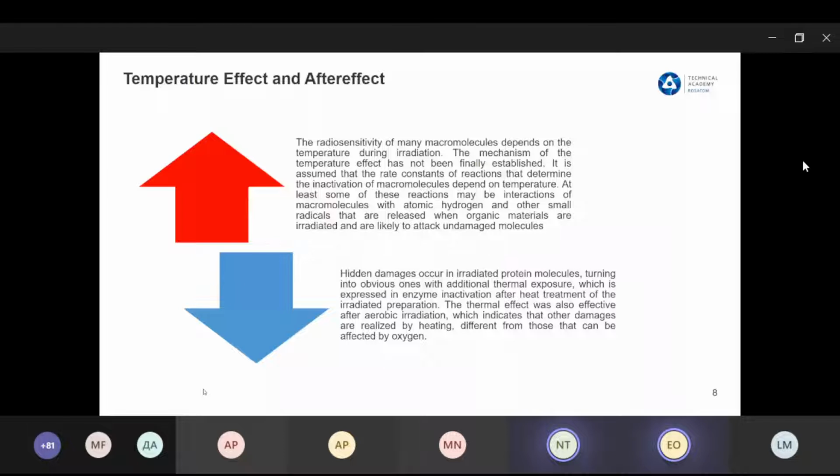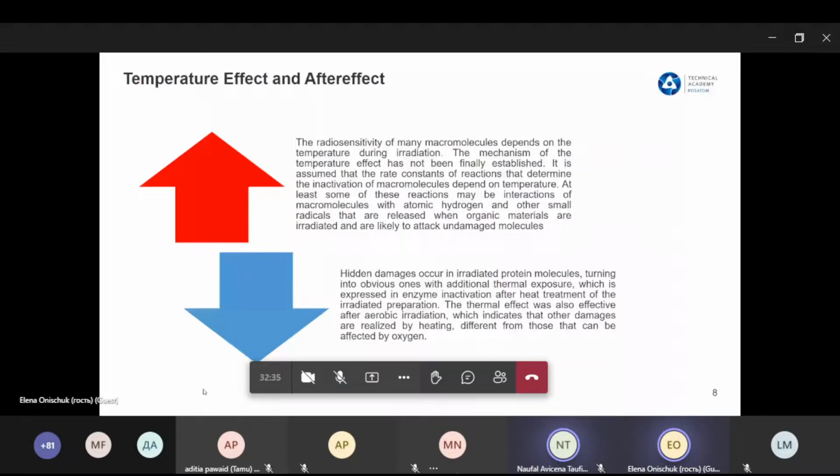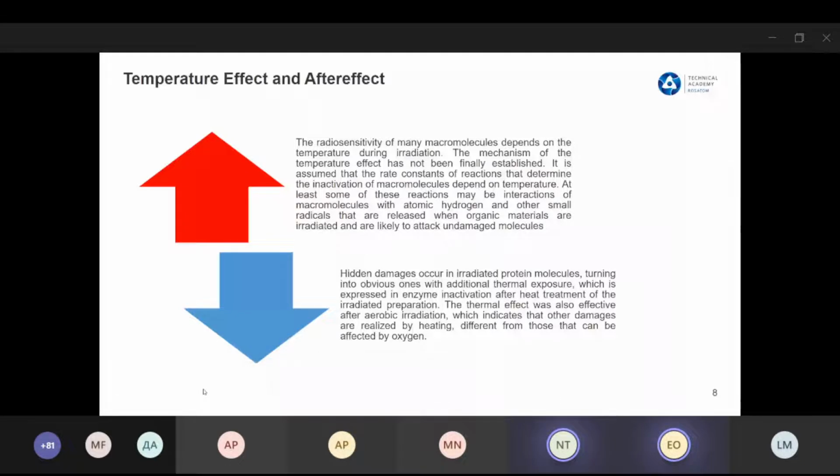At least some of these reactions may be interactions of macromolecules with atomic hydrogen and other small radicals that are released when organic materials are irradiated and likely attack undamaged molecules.